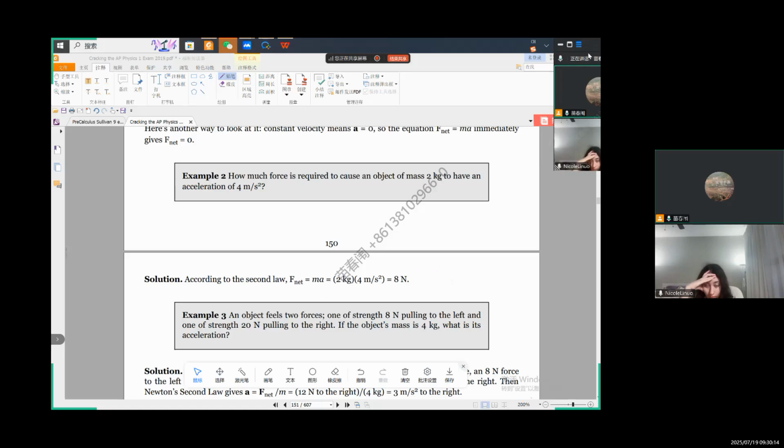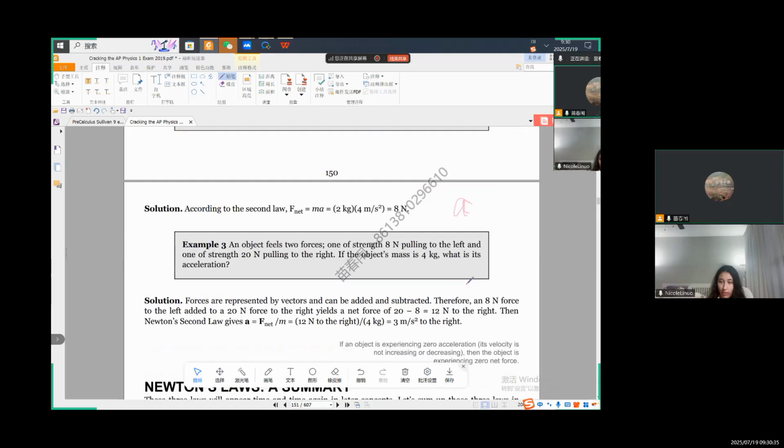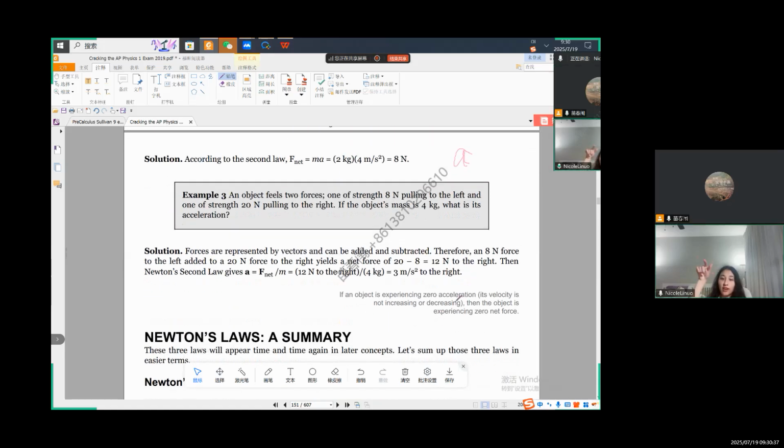How to do three then? It's three, not three. Oh, your final result is three. Okay, and also you need to know the direction because acceleration a has a direction. That's a vector, right? Even if they didn't say magnitude, you have to point out the direction. How do I point out the direction? I write it on top of the answer.